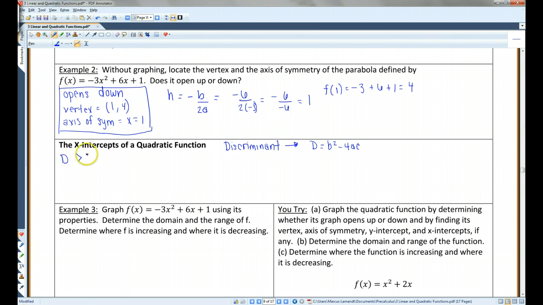If the discriminant is positive, there's two solutions. If the discriminant is negative, there's no real solutions. And if the discriminant equals 0, there's one solution.